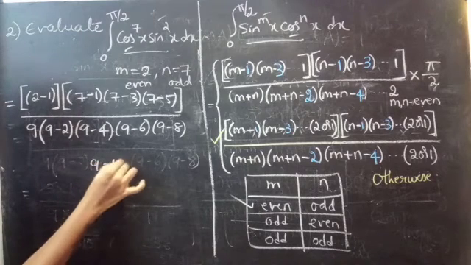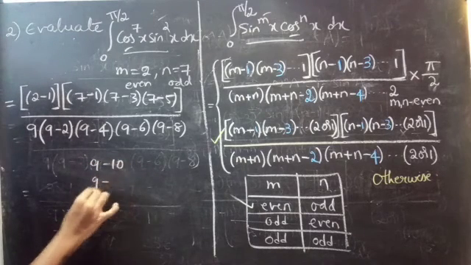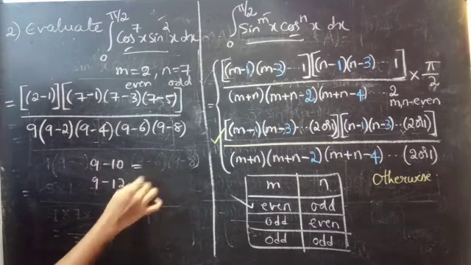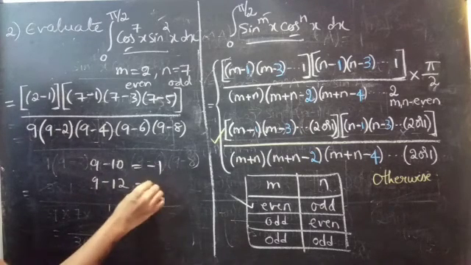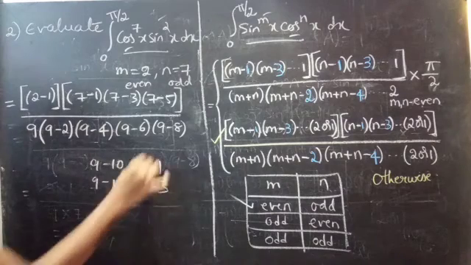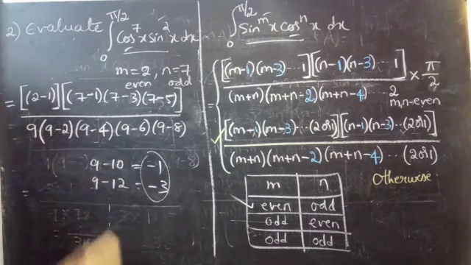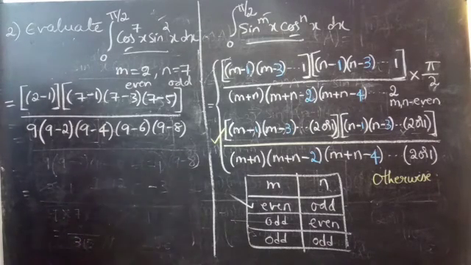If you want, you can check: 9 minus 10 is minus 1, 9 minus 12 is minus 3, which are negative numbers, so you will neglect the next terms.